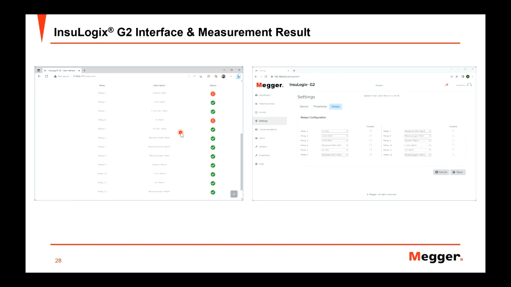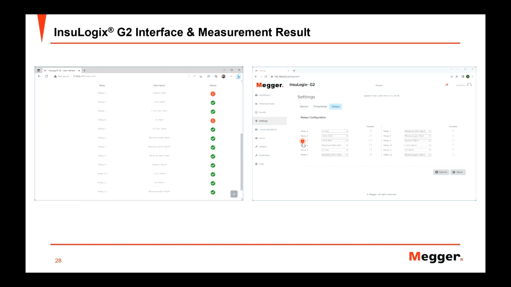We also have the screen to show you which relay is working, or the status of the relay that you set. We can also set up the relay definition or description easily, like hydrogen rate of change, or you want the second relay to be acetylene alert, or the third relay to be rate of change of the acetylene, or even system alarm.